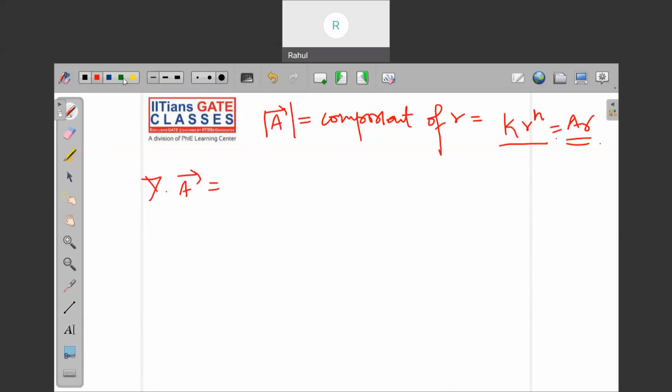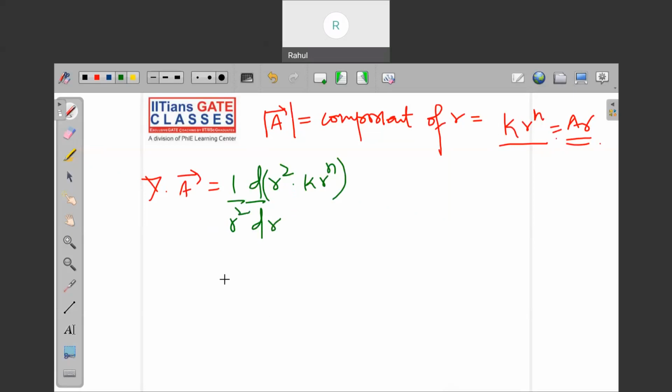So what is the divergence formula for the spherical coordinate system? You have to multiply this with r square, right? So multiply r square times k times r to the power n. Just put brackets, differentiate it with respect to r, and divide it by r square.